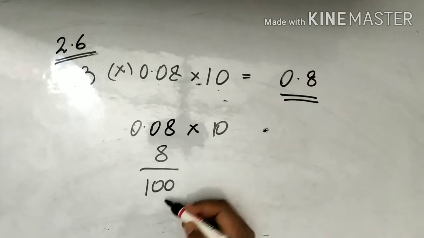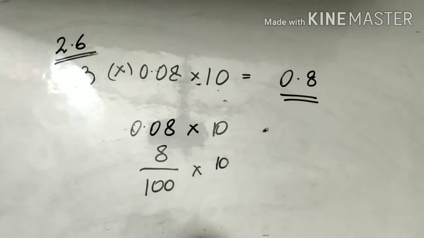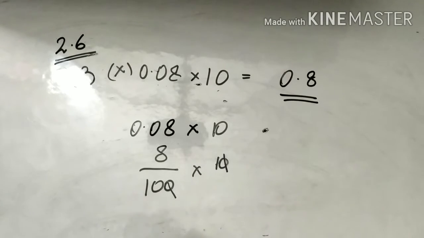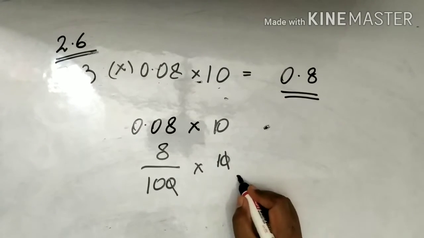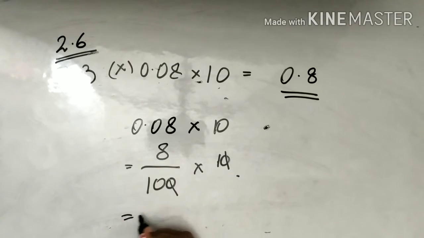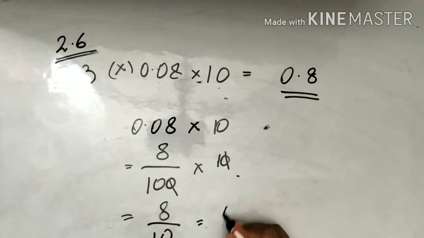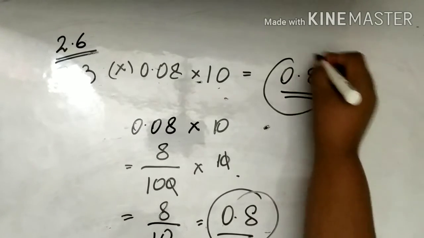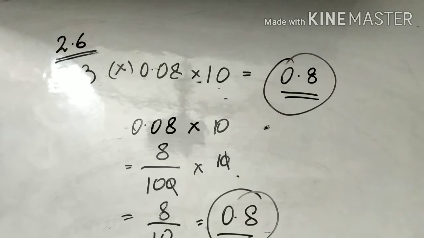So it can be written like this, into 10. Now solve this problem. You can cancel, and the answer over here you will get is 8 by 10, and 8 by 10 can be written as 0.8. So this answer and this answer are the same, right?